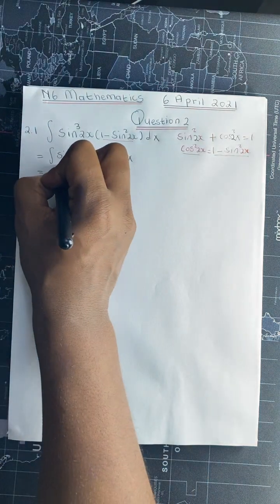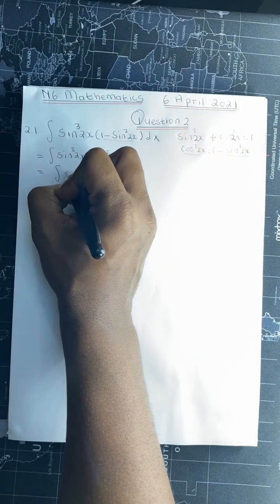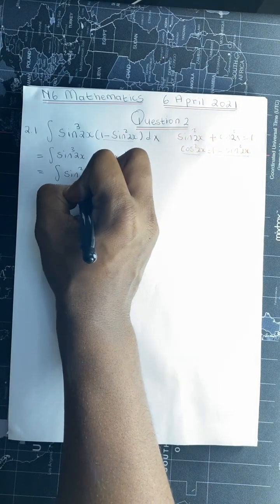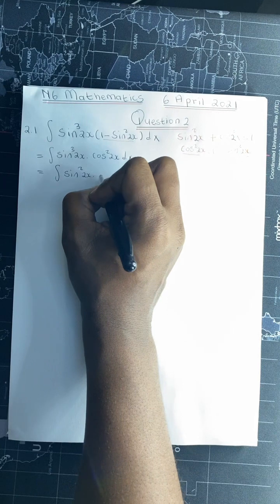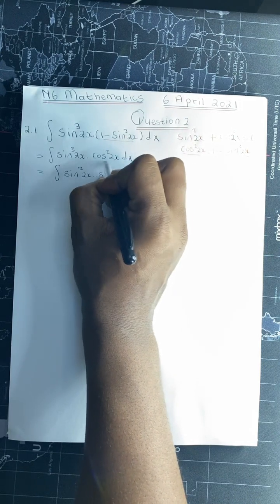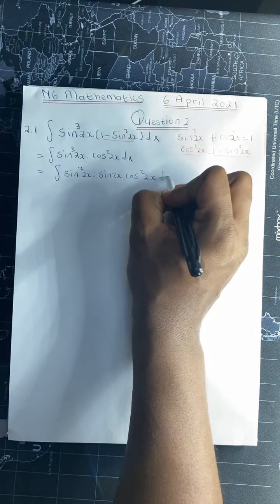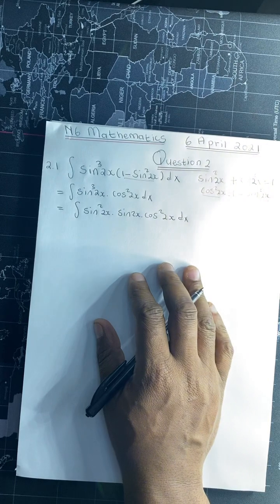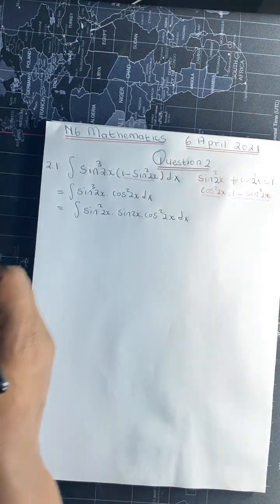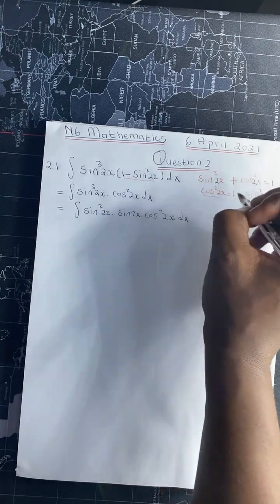dx. We break the sine cube 2x and we write it as sine squared 2x multiplied by sine 2x and the cos squared 2x dx. And we also have to use that trigonometric identity again.